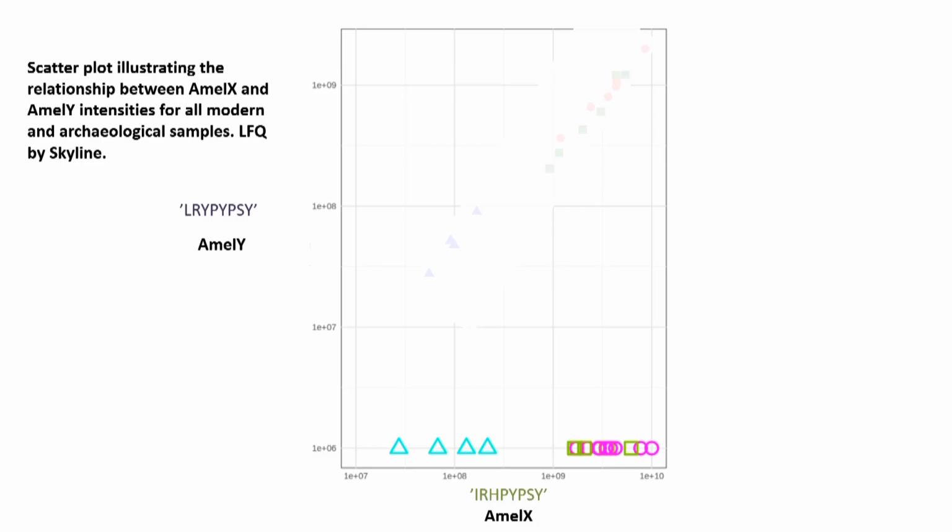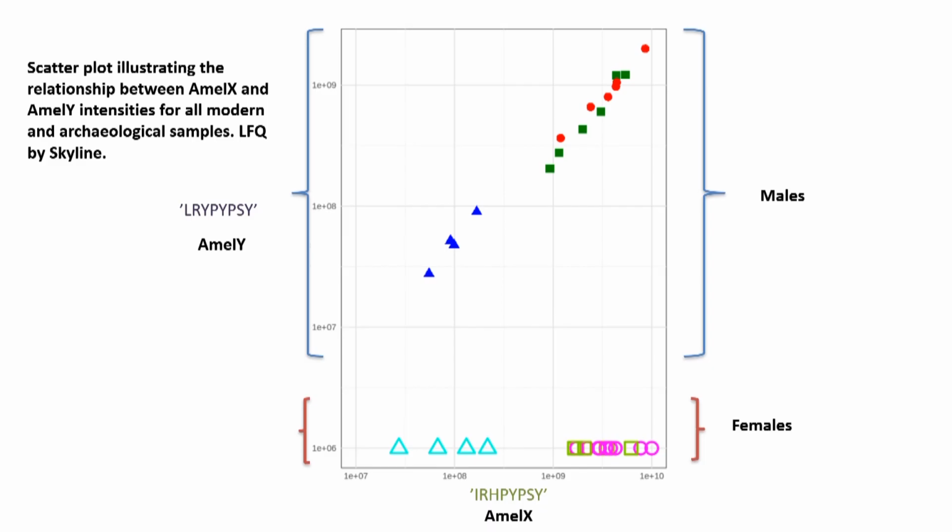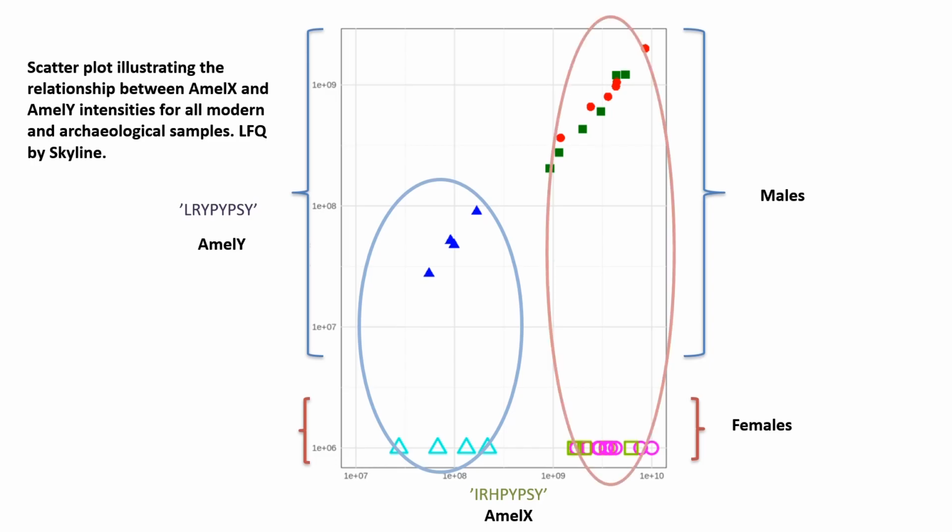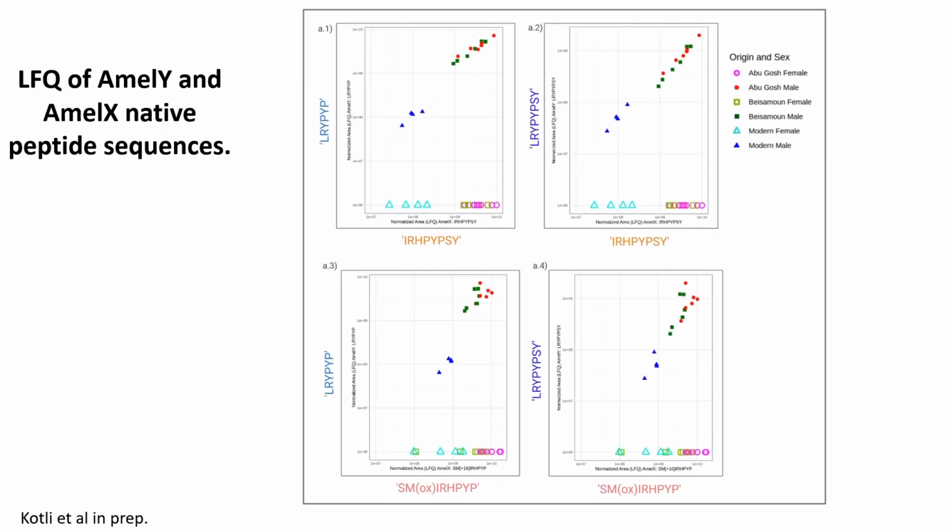So all the samples on the x-axis are females because I don't have an intensity for amel Y. The samples that are males, I find with intensity in both amel Y and amel X. Here are the modern samples, and these are the archaeological samples. I did this for all the peptides, one X against one Y.